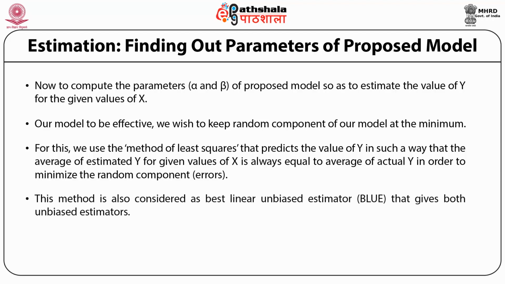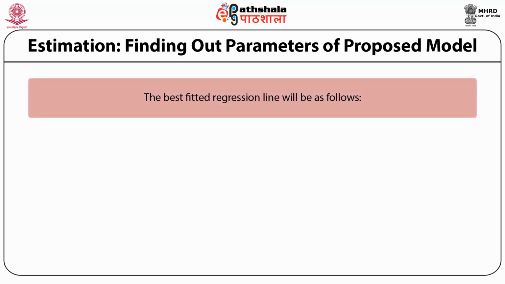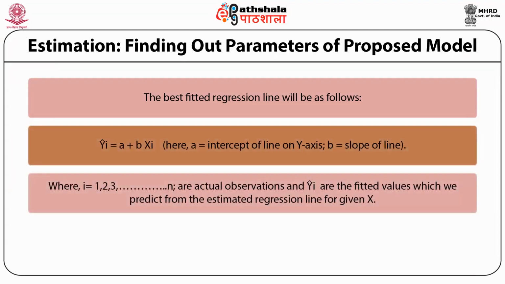This method is also considered the best linear unbiased estimator, known as BLUE, that gives unbiased estimators. The best fitted regression line would be y is equal to a plus bx, and x is equal to a plus by when x is the dependent variable.